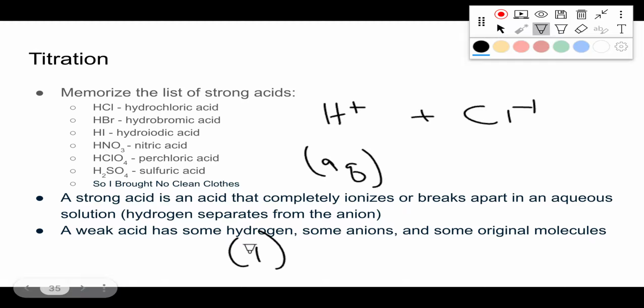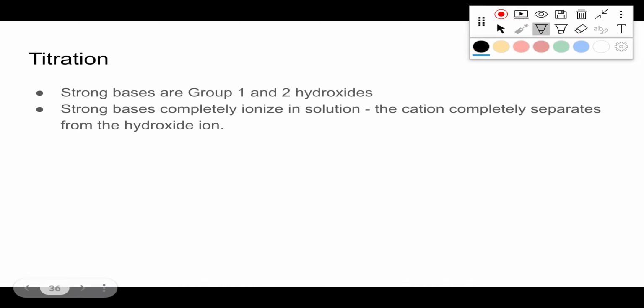The attractive forces holding them together are very strong, and so they don't break apart, and so they're going to stay as a liquid. What makes an acid is the production of hydrogen when we put it into water. So strong acids make a whole bunch of hydrogens, making them strong. Weak acids don't make many hydrogens, making them weak.